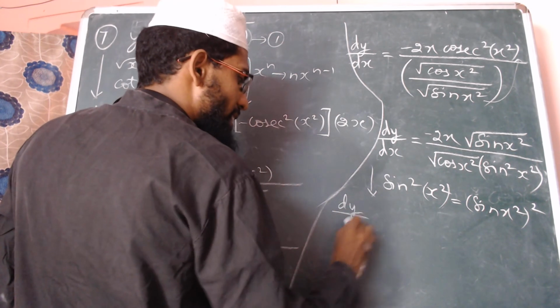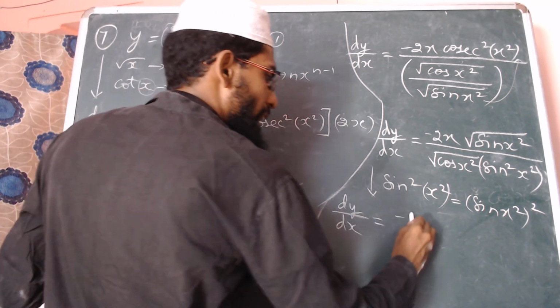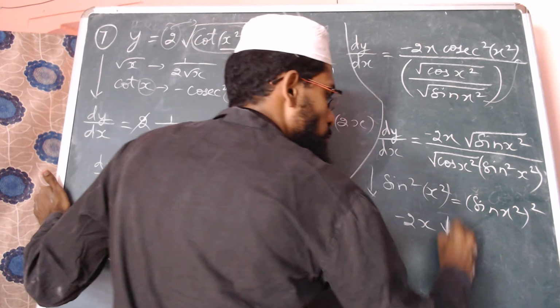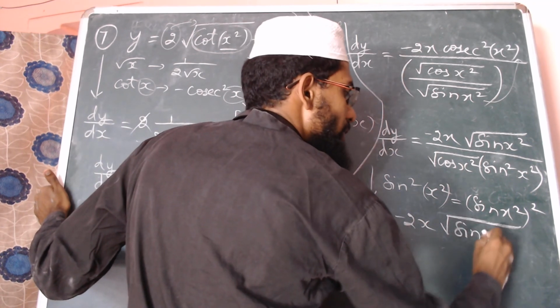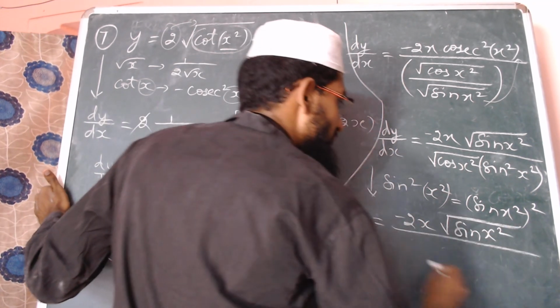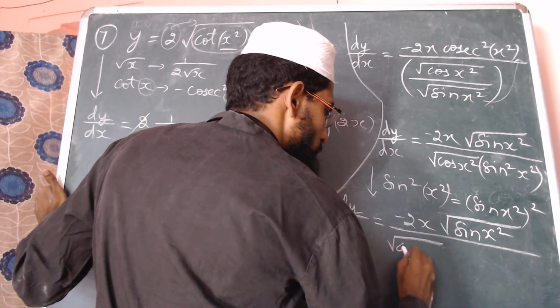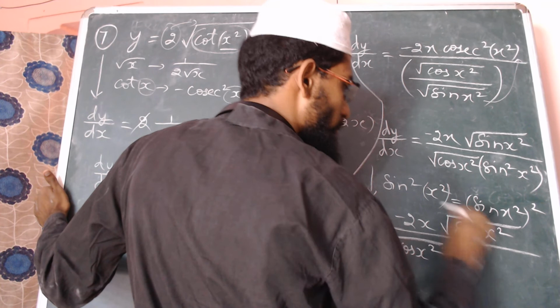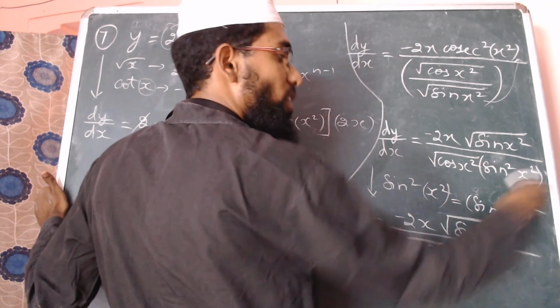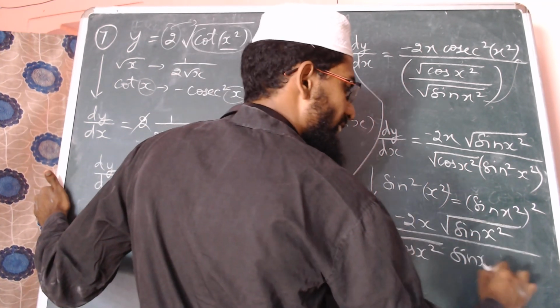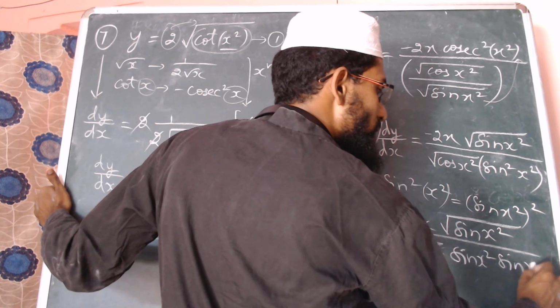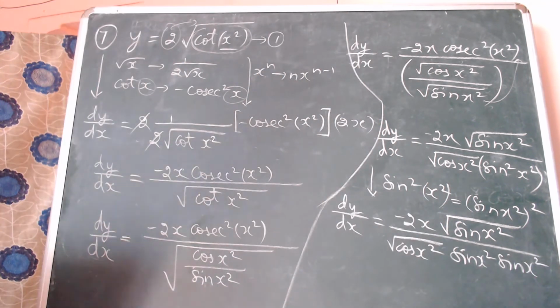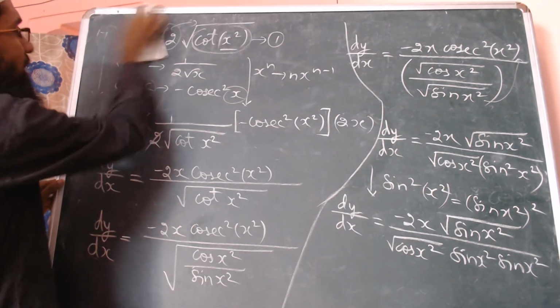So dy by dx equal to minus 2x root of sine of x square divided by root of cos x square into sine x square into sine x square. Now let me rub this part.